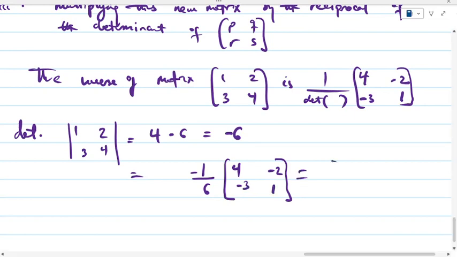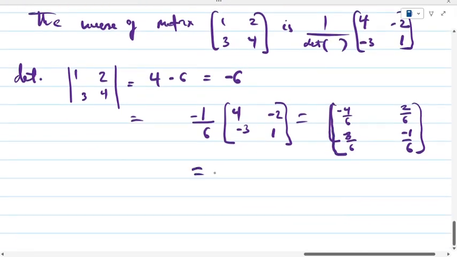So by the time we open the bracket, we have 4 over 6, minus 2 over 6, minus 3 over 6, and then 1 over 6, with the signs adjusted by the minus. Taking it to the lowest terms, we have, oh sorry, 4 over minus 6, that is minus 2 over 3, pardon.